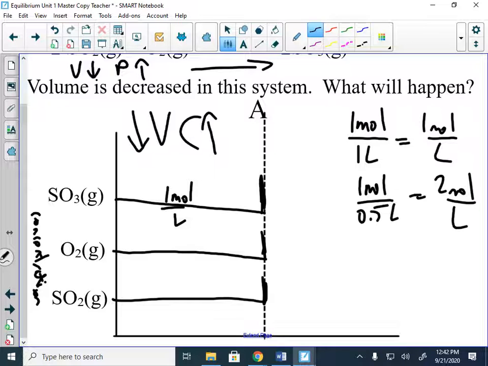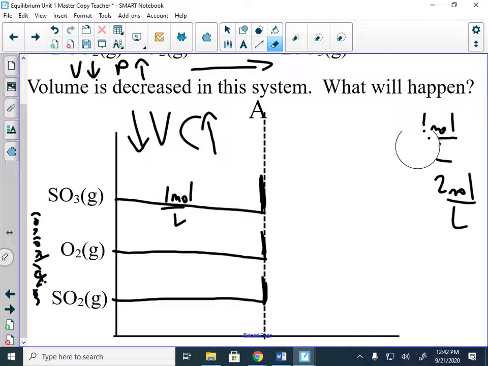That is mathematically why when you crush a system, the concentration of everything goes up. It's annoying, that's the theory. So you can either memorize the theory or memorize that as volume goes down, concentration goes up. This little thing right here, this little shortcut. So that's what happens. Now, everything spikes on the line.